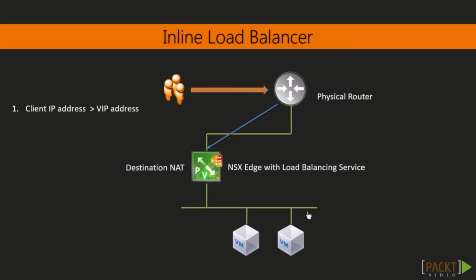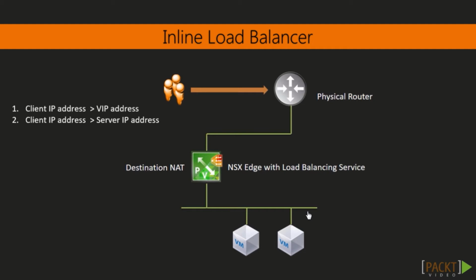So if the client accesses the virtual IP address of the load balancer for a specific service, we use a destination NAT. The second step is the load balancer accesses, based on the algorithm, one server in the backend. But as you can see, the client IP address is still used to access the backend server.